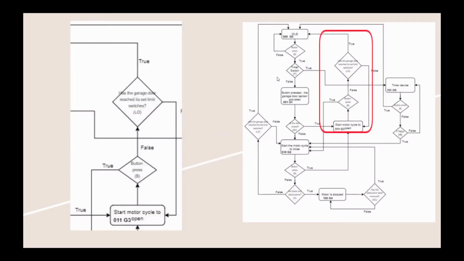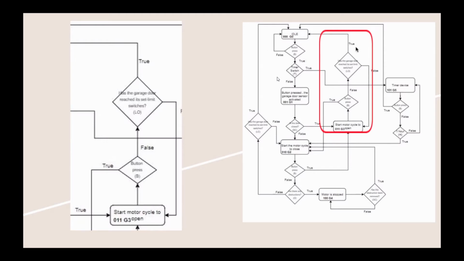So where were we? Our button press is false. Our user has not pressed the button again. And if the garage door has not reached its set limit switch, that is also false, and it would go back to state 3, and it would keep on having our garage door open until it is true that it has reached its set limit switch.